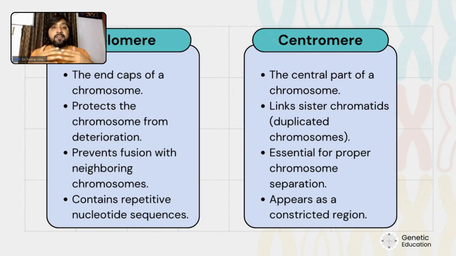So if important genes were present on the telomeric side, on the cap of the chromosome, those genes could not be effectively replicated and could not be transmitted to the daughter cells. This is the reason the genes are present on the arms, that is on the P and Q arms, and not on the telomere.